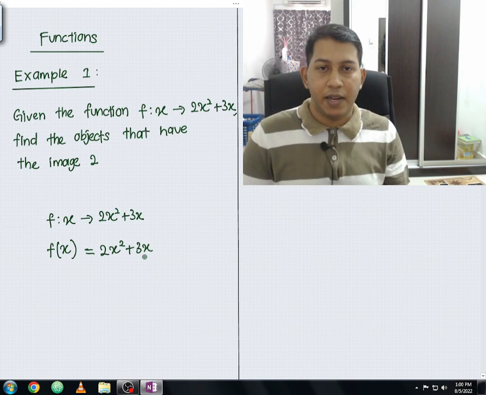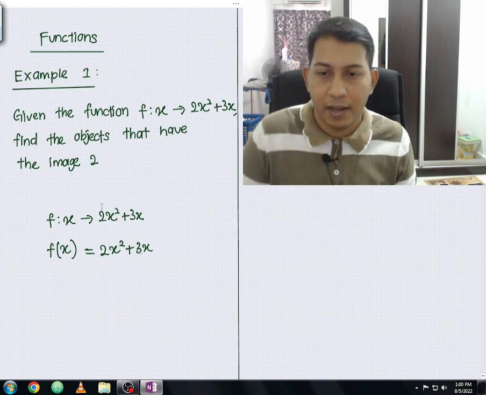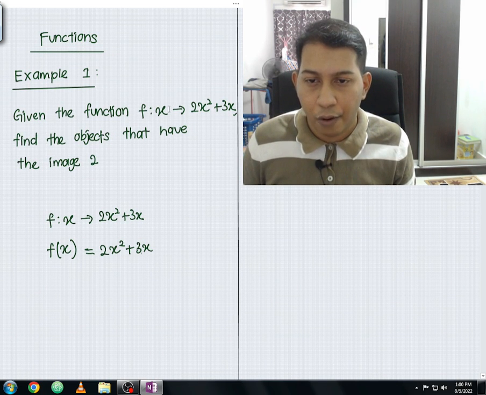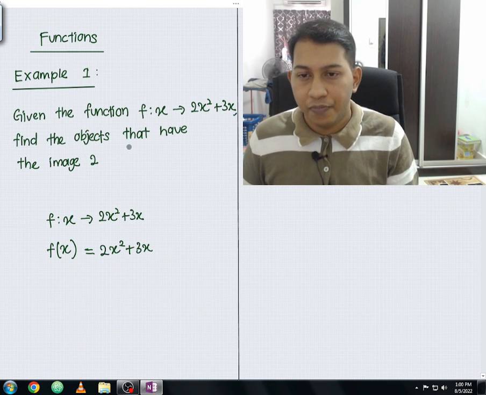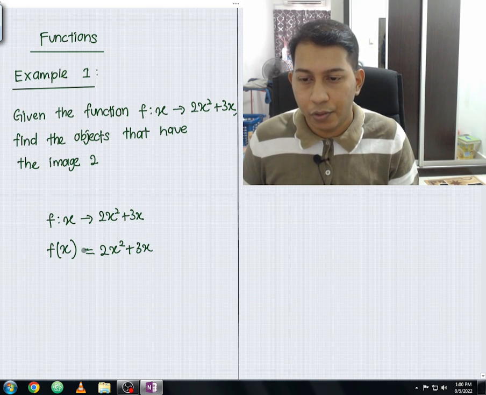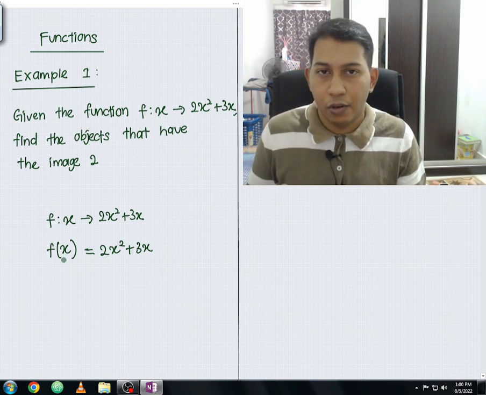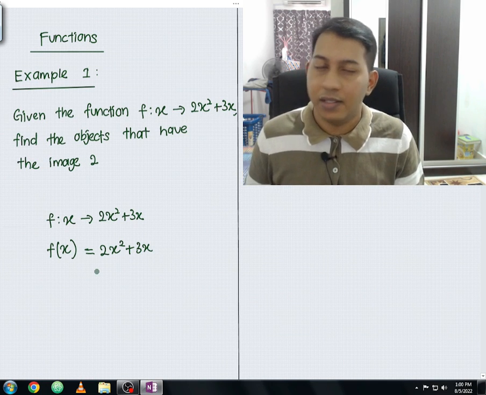What does that mean? It means that if in the question it mentioned f colon x, you can convert in this form to the bracket form over here. There's no wrong over here, guys. They are just the same.